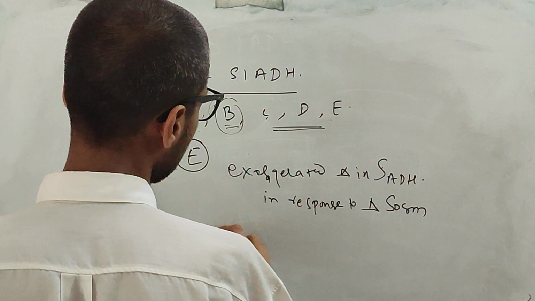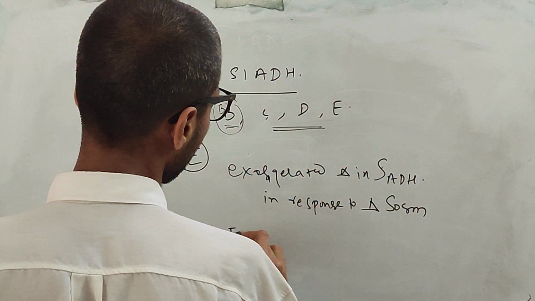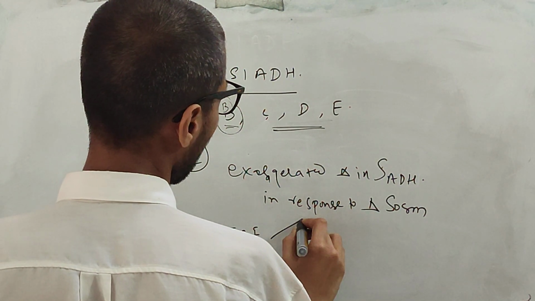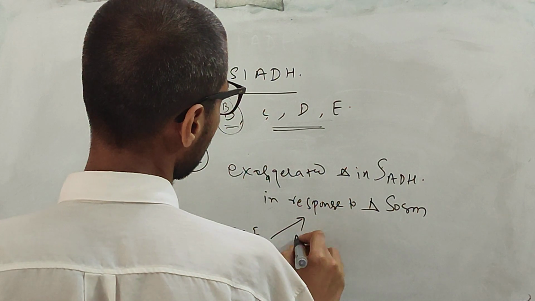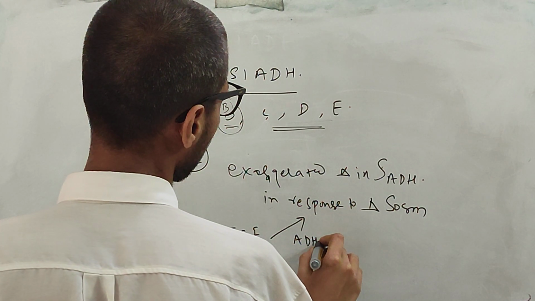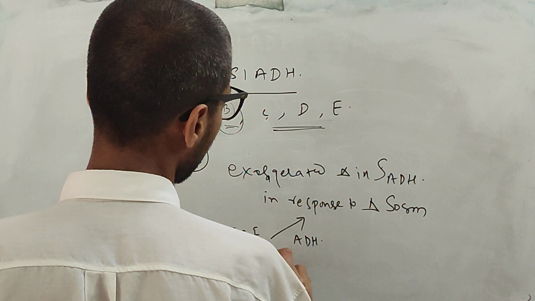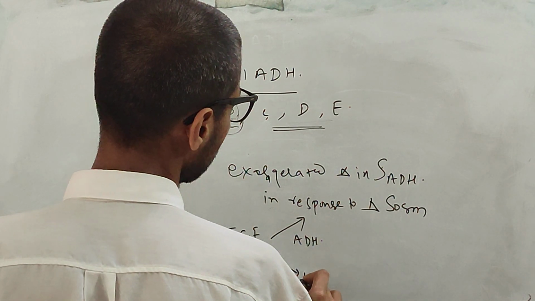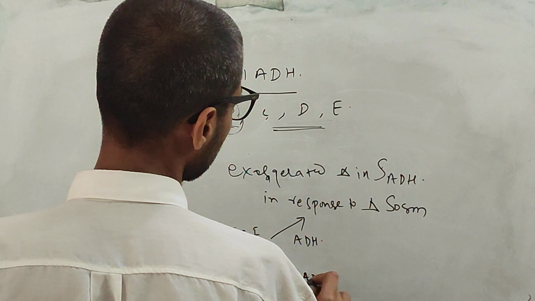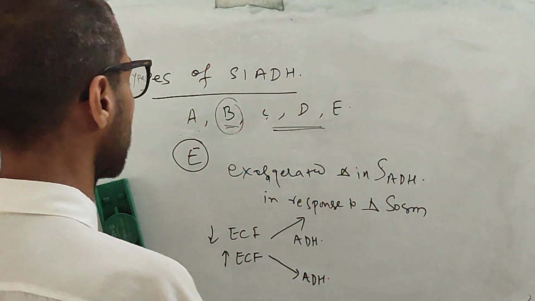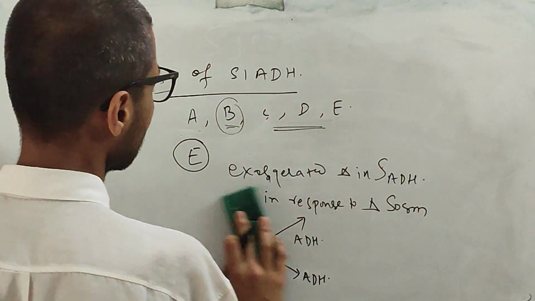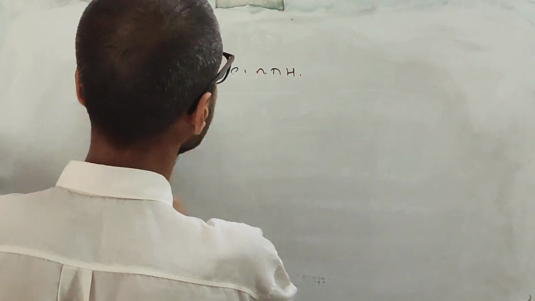So even if there is a slight fall in extracellular space, there is a large increase in the serum ADH. If there is slight expansion of extracellular blood volume, then there is a sharp decrease in ADH. So this is an exaggerated physiologic response. This is called type E SIADH.